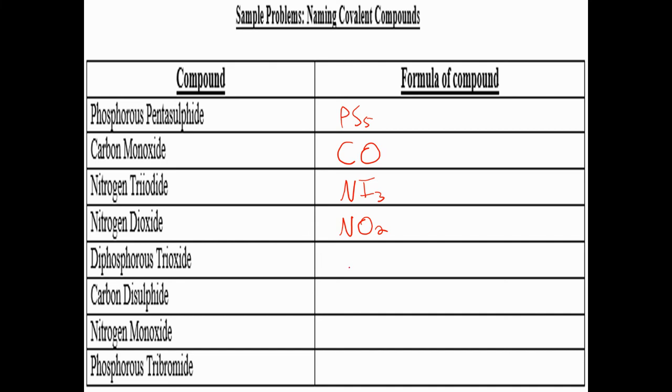Diphosphorus trioxide, so there's 2 phosphorus and there's 3 O's. Carbon disulfide, CS2. Nitrogen monoxide, 1 N, 1 O. Phosphorus tribromide, 1 P, 3 Br's.